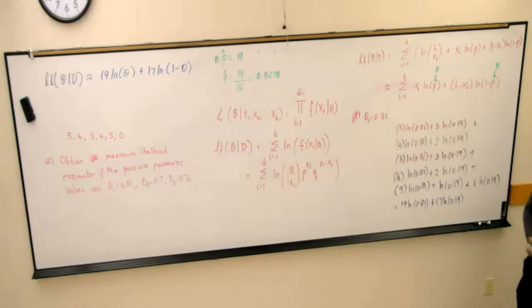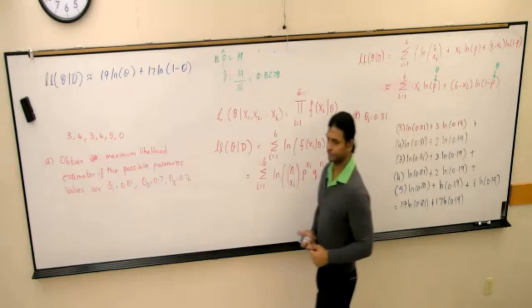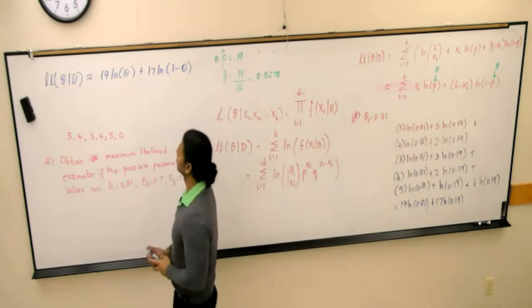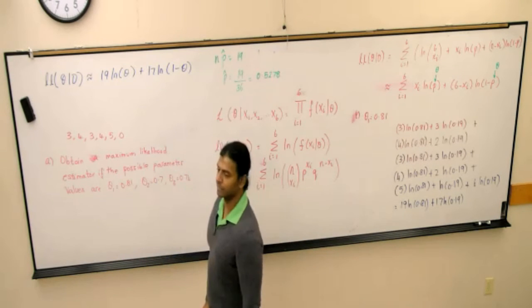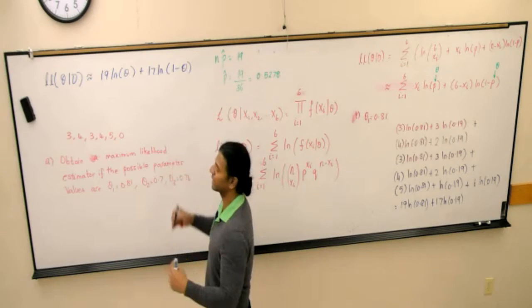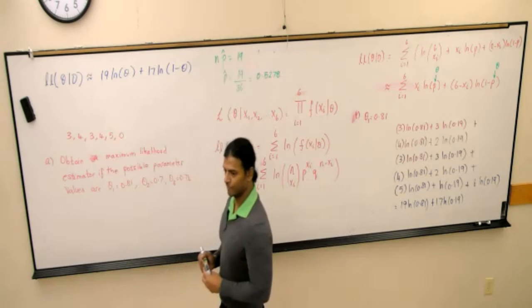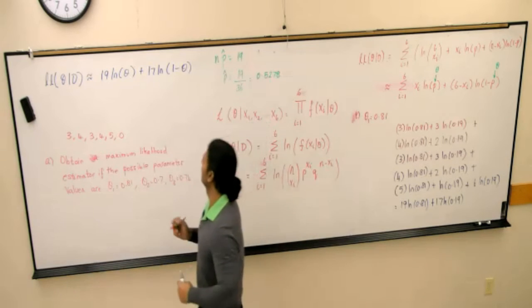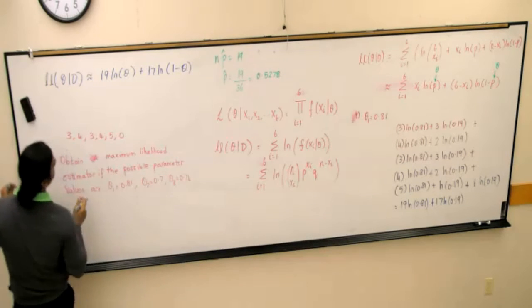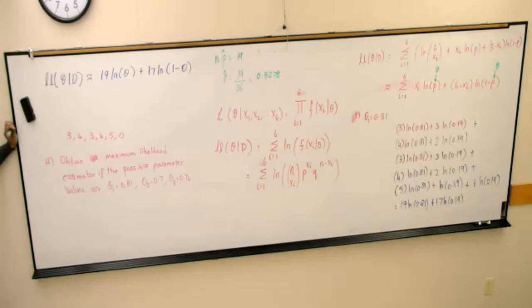Yeah, we can come up with a general expression: the sum of x and the sum of n minus x. Then you take the derivative and find the maximum likelihood estimator. That's just how we do it.